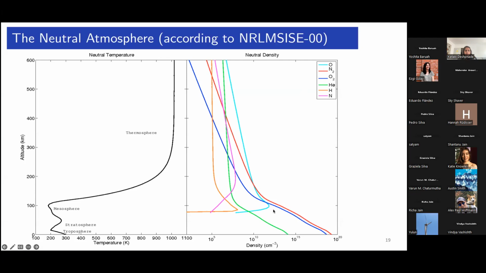As you can see, at 100 kilometers, which is the beginning of the ionosphere, we have some N2, some oxygen, a little bit of helium, a little bit of O2. These are the different constituents as we go up.